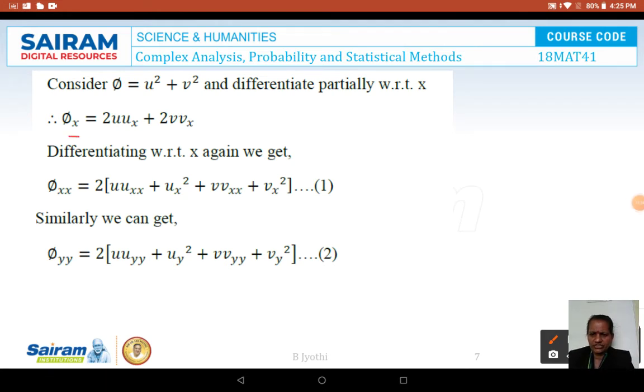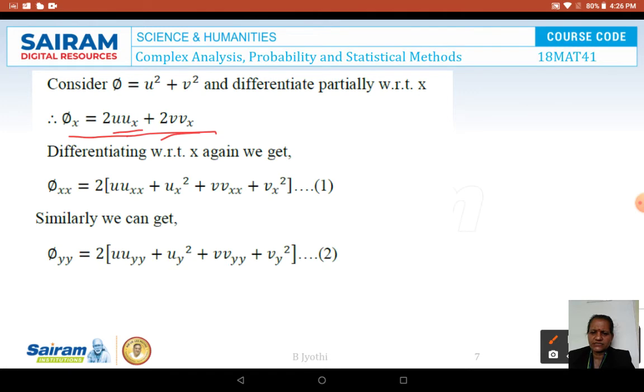When I differentiate partially with respect to x, 2u into ux plus 2v into vx. Again, if you differentiate partially with respect to x, u into ux, we will be applying the uv rule. So we get 2 terms from this and 2 terms from vvx. uxx plus ux into, again derivative of u is once again ux.